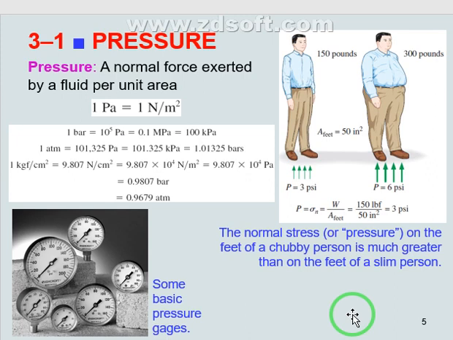What is the unit used to measure pressure? It's the Pascal, which is equal to 1 Newton per square meter. We have many other units like bar, etc. But mainly we are going to deal with the Pascal, which is Newton per square meter, right?